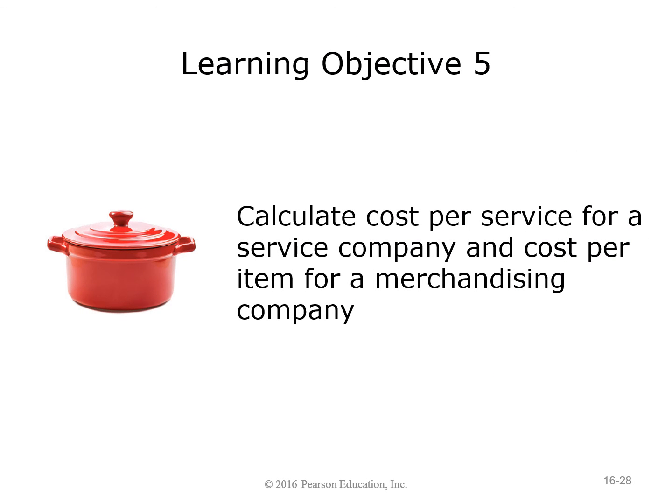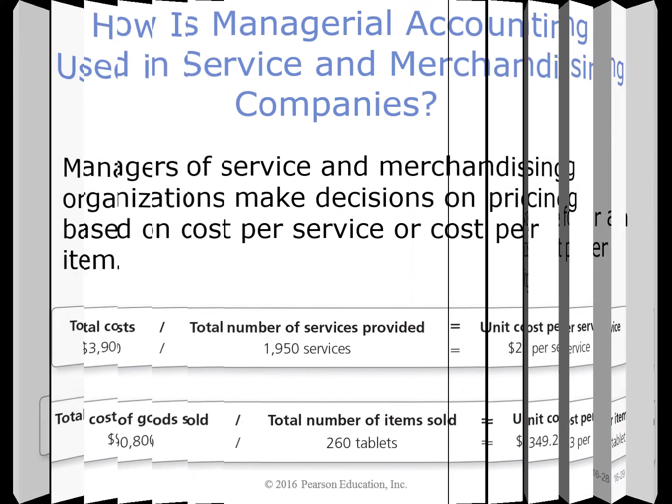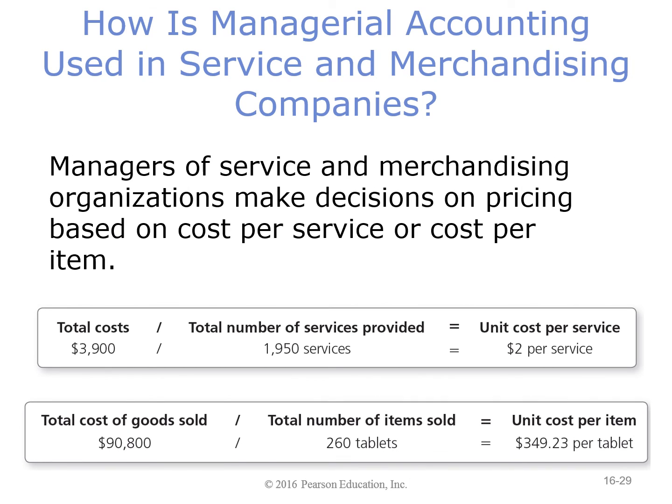The last thing that we are going to discuss in that chapter is to calculate the cost per service for a service company and cost per item for a merchandising company. Actually, we just said that whenever we would like to get the cost for a manufacturing company, we get the total manufacturing cost divided by the total number of units. But here in a service company, we have the total cost divided by the total number of services provided.